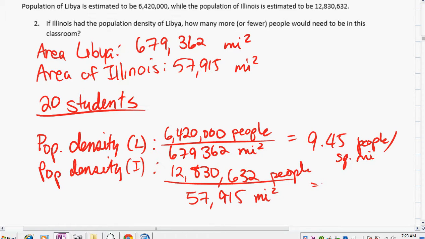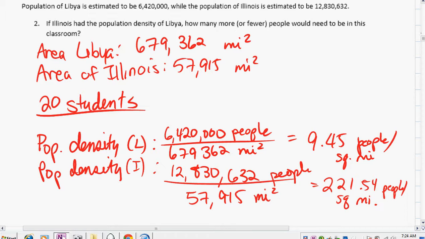So you compute that. And that should be denser, I would think. Larger numerator, smaller denominator. 221.54 people per square mile. That feels more like where I'm living.